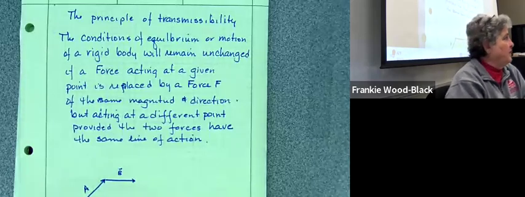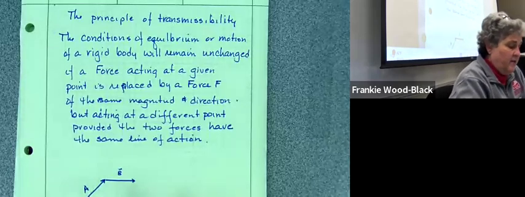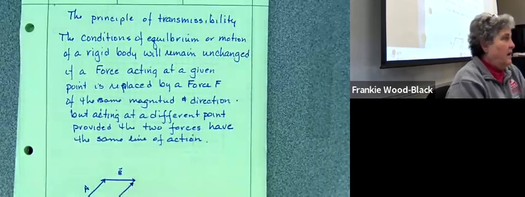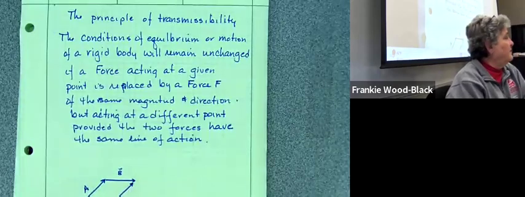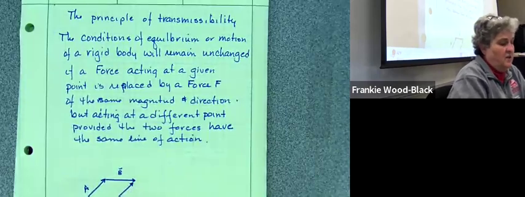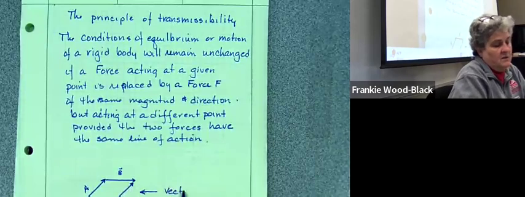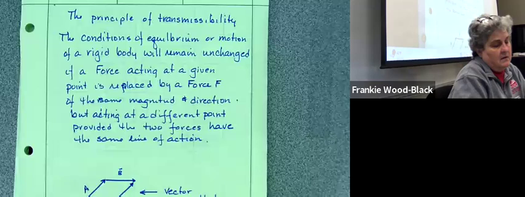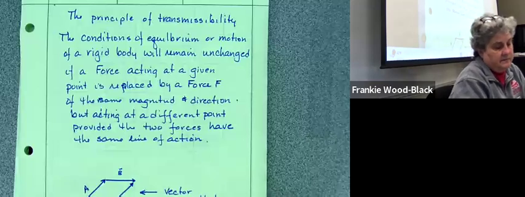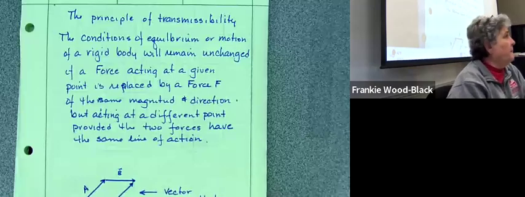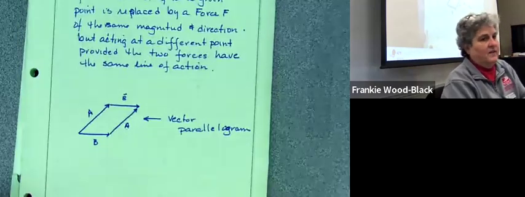So I'm actually moving it. I can move vector A over here. And I kind of want to do that because I want to show you that this is considered a vector parallelogram. Okay, go down. Oh, move it up.